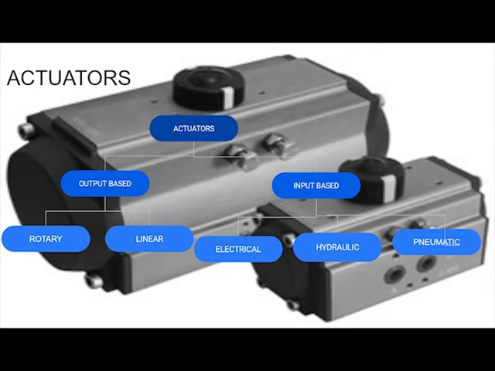The hydraulic motors use a variety of liquids and the pressure generated due to the flow of it. The pneumatic motors, on the other hand, use as the source of energy the air pressure or the compressed air.